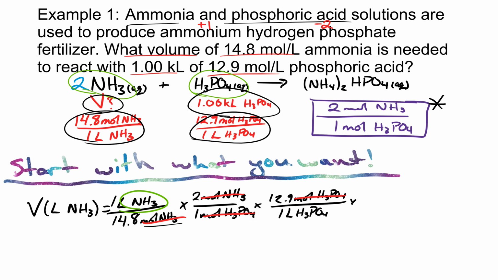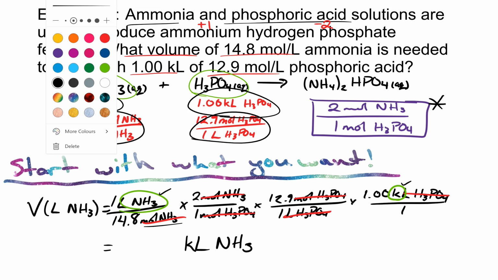Thankfully, the only other piece of information I have is 1.00 kiloliters, so 1,000 liters of phosphoric acid is what we're using in this example. Liters of H3PO4 cancel out. But you'll notice that I'm left with kilo. So I'm going to be left with kiloliters of ammonia. Those are the only 2 things that did not cancel out.